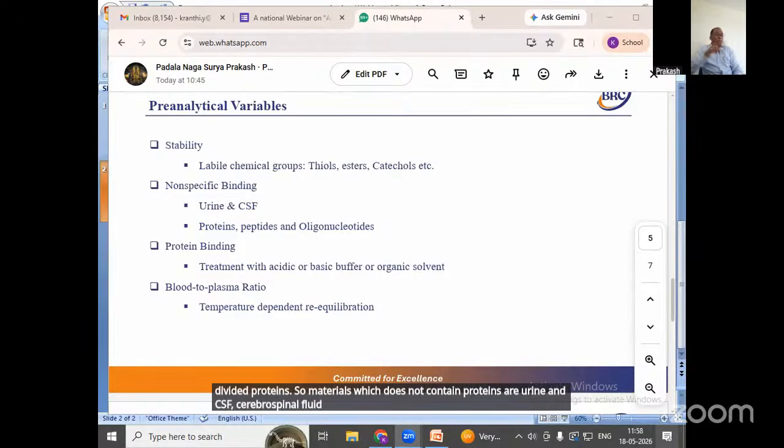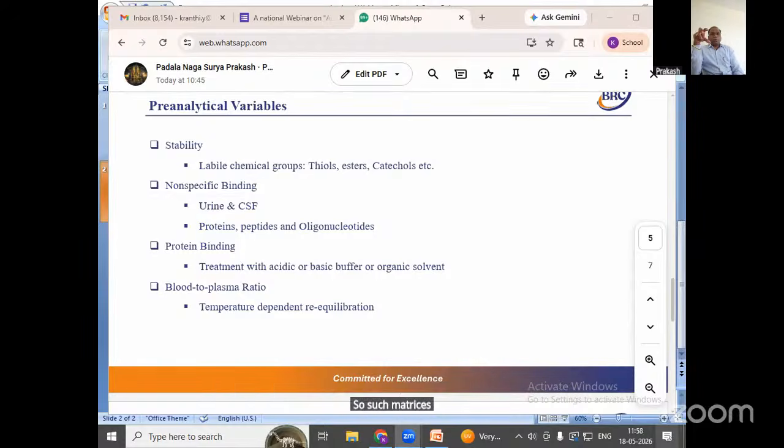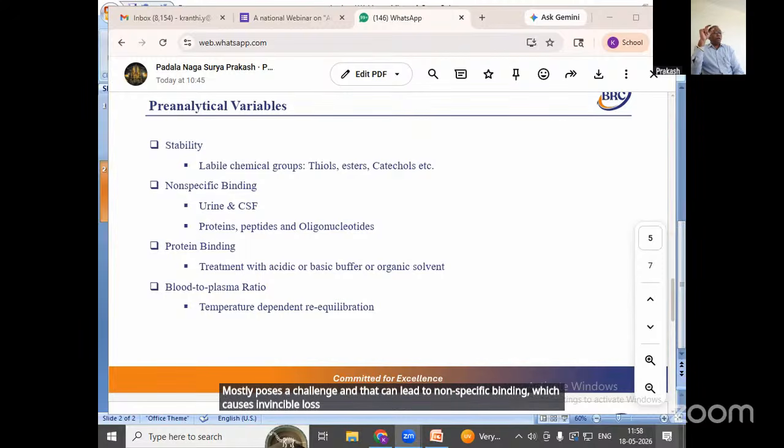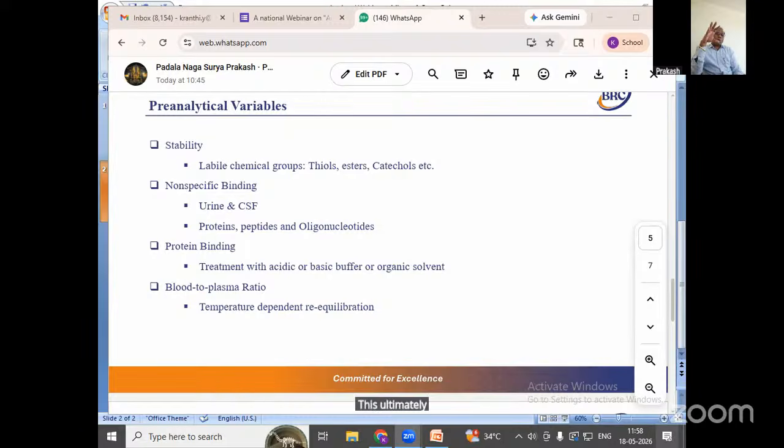such matrices mostly pose a challenge, and that can lead to non-specific binding, which causes invisible loss of the drug, leading to poor recovery, which can lead to inconsistent assay results and inaccurate measurements. This ultimately results in false negative results. These are also concentration dependent because NSB is not consistent.